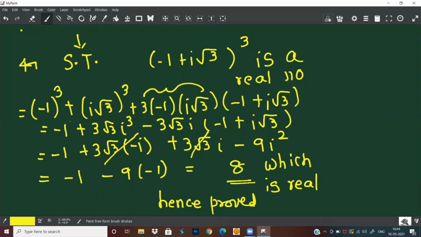I didn't understand the real number part. Kushal, the term which is free of I will be real. In the form A plus BI we are writing. Whatever is free of I, that is part A, that is the real part. You have to prove it's a real number, means you have to prove there is no I in that.